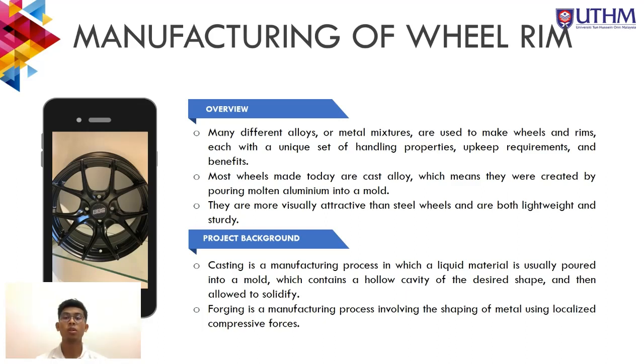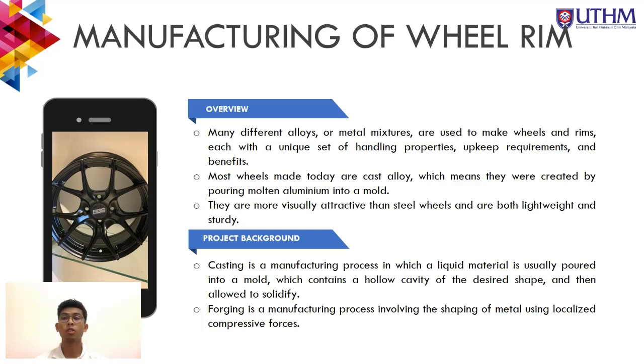So mostly the wheels that are made today are from cast alloy, which are created by pouring molten aluminium into a mold of a design of the rim itself. By that way, they are more visually attractive than steel wheels and are more lightweight and steady in shape.